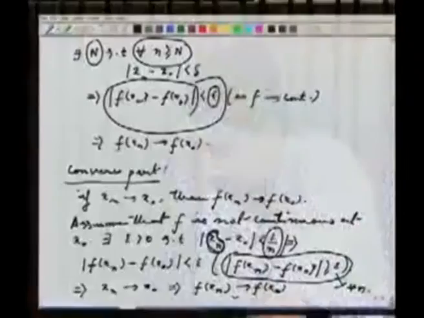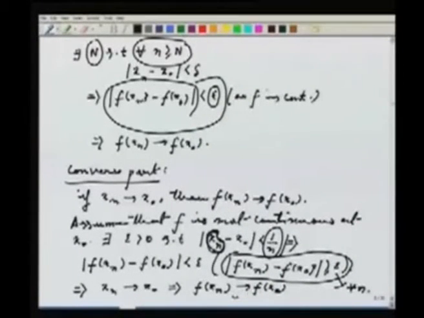But that is not happening. It is always bigger than the epsilon, and this is a contradiction.